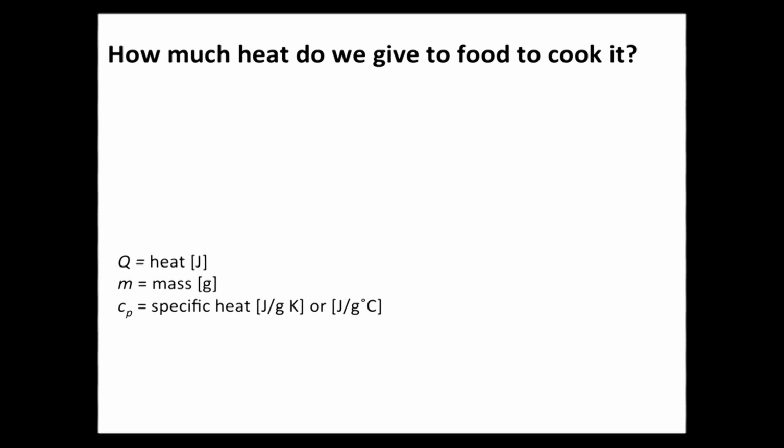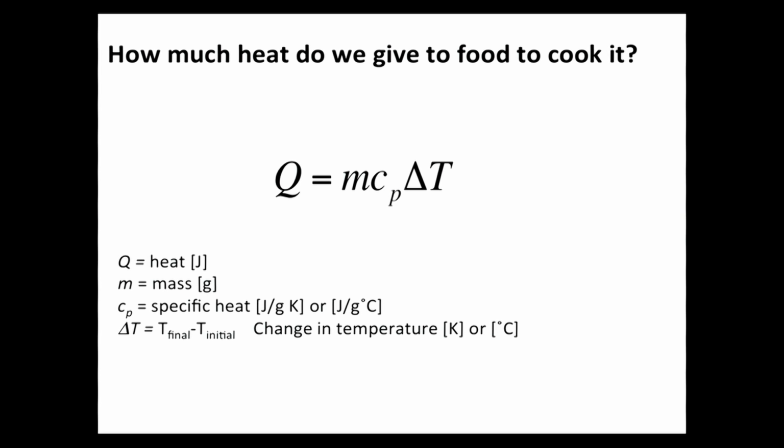And then I would say, well, it depends on how hot you want to make the food. So if you just want to heat it up a little bit and make it lukewarm, you don't have to add as much heat. But if you want to make it really sizzling hot, then you have to add a lot of heat. So it depends on the temperature difference, right? And now, if I put all of this together, I get the equation of the week. Now you clap.